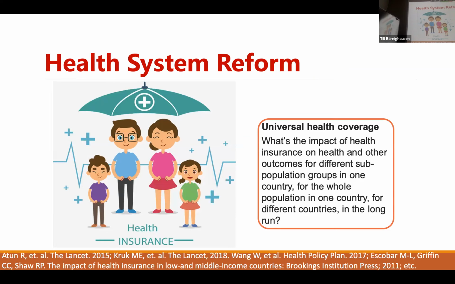So the impact of health insurance is a big topic, attracting the attention of researchers from different disciplines. We may think, okay, increasing health insurance coverage is definitely good for your health, and it will also reduce your health expenditure, but it's not necessarily leading to those outcomes.